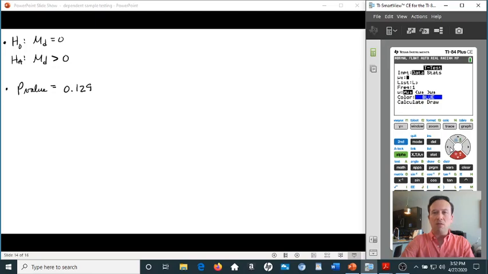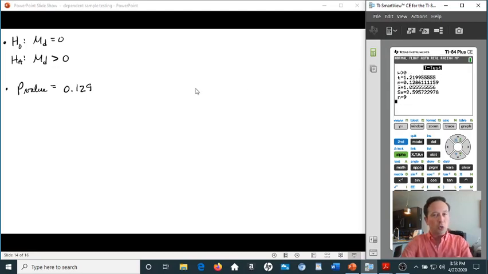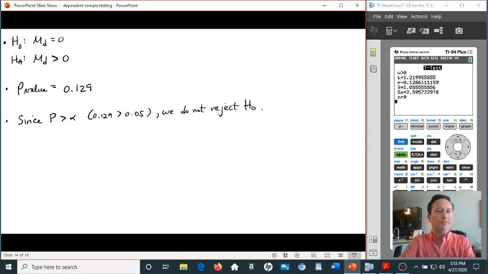So my mean is 0, my list 3 is the correct list, but I need to change the inequality to greater, right, because the alternative is now greater. Now I calculate, and there you go. So that's how I got my p-value of 0.129. Here's my test statistic, so you could use that if we need it. But for this one, I'm only doing the p approach. So the p-value is more than 0.05, so we do not reject the null hypothesis.